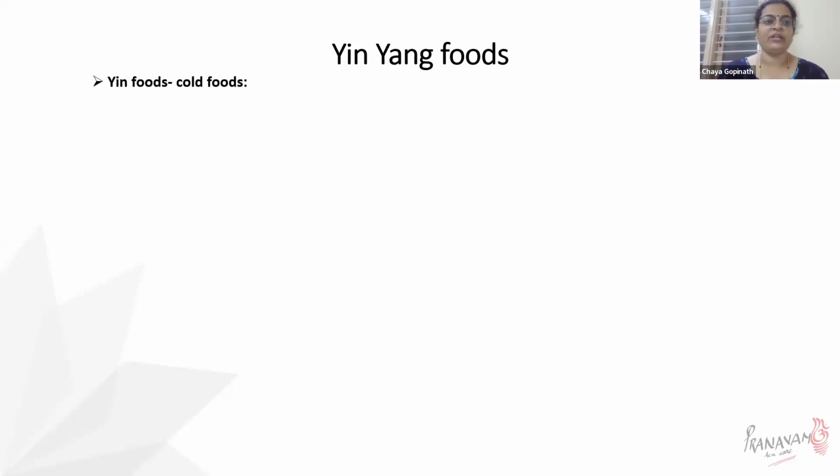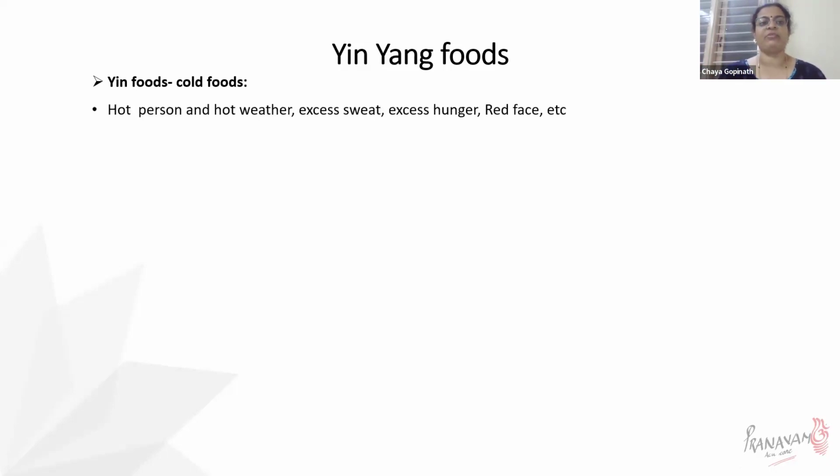So if you are a yang kind of person, let's talk about yin foods. Yin foods are nothing but coldness foods. If you are a yang kind of person, you will be preferring yin kind of foods. For example, if the person feels very hot, is a hot person, or lives in a hot weather, or newly he's changed his location, he's moved from a cold weather to a hot weather condition.